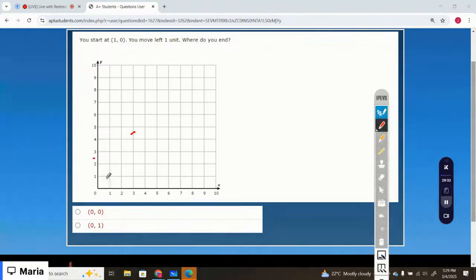You start at 1, 0. You move 1 unit left.